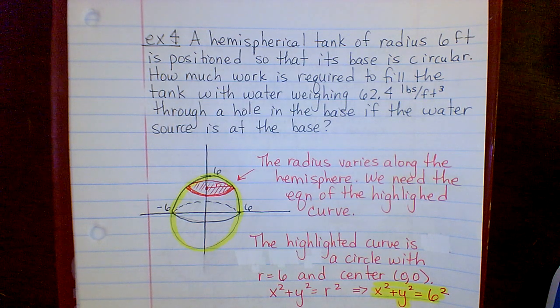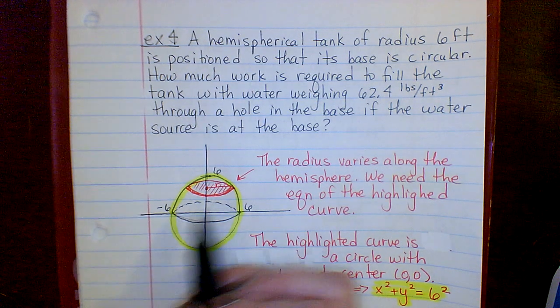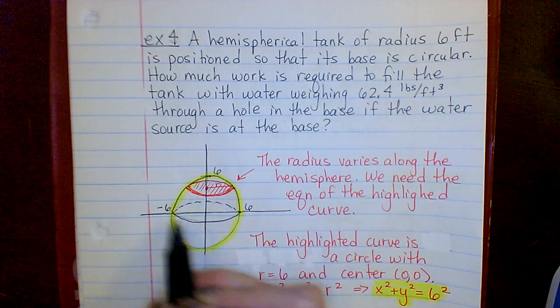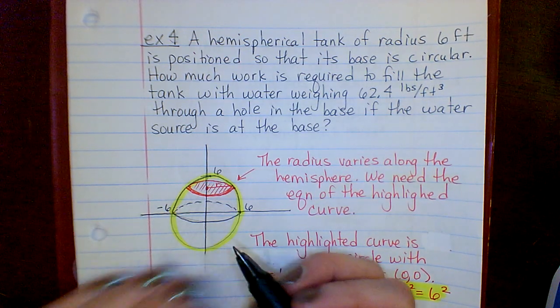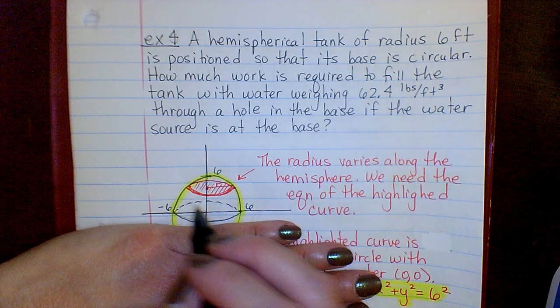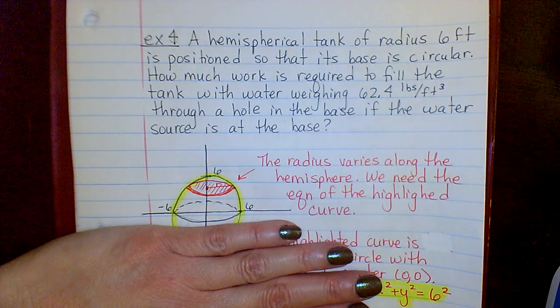So a hemispherical tank of radius 6 feet is positioned so that its base is circular. That means that if you're looking at this hemisphere, you can see I drew a full sphere here, but I positioned it so that the upper part of that sphere is sitting on the x-axis.